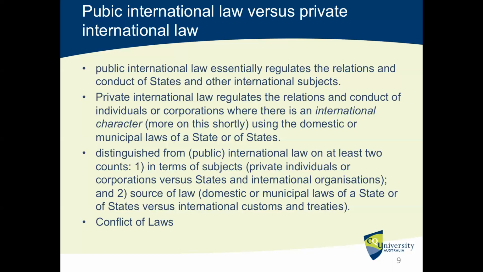So you will notice that in the example I gave, there are certain international dimensions to it, certain international elements. One pertains to nationality. One is an Australian, the other one is a Kiwi. The other international element may relate to their domicile, or where they live, which could be either in Australia or New Zealand or the UK.